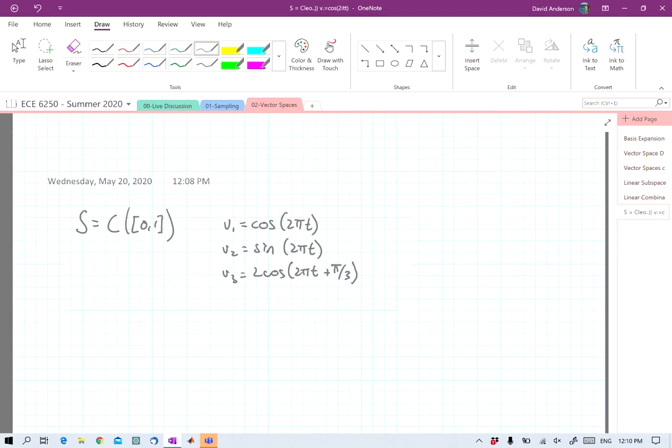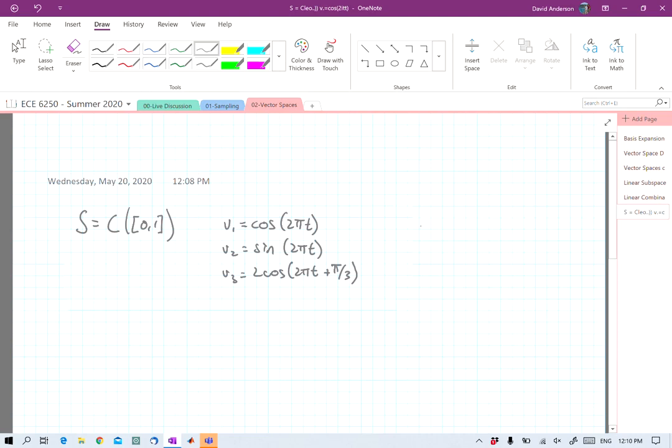So can we find a set A1, A2, and A3 such that the linear combination here goes to 0? I'm going to leave this as an example for you to work on.